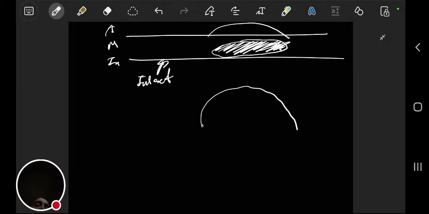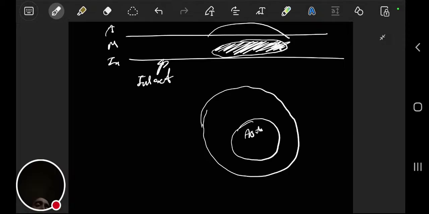When you are looking at this blood vessel cut through, you will see the normal aortic lumen, and around it some crescentic-shaped hemorrhage.